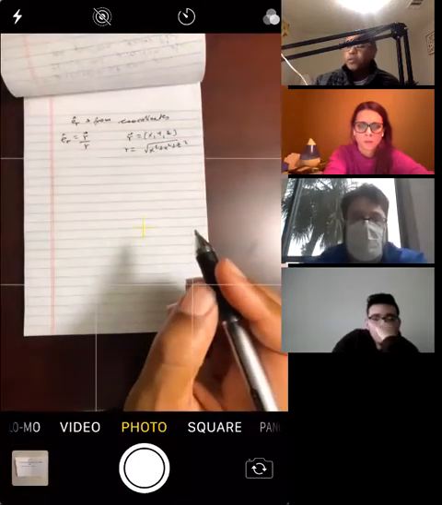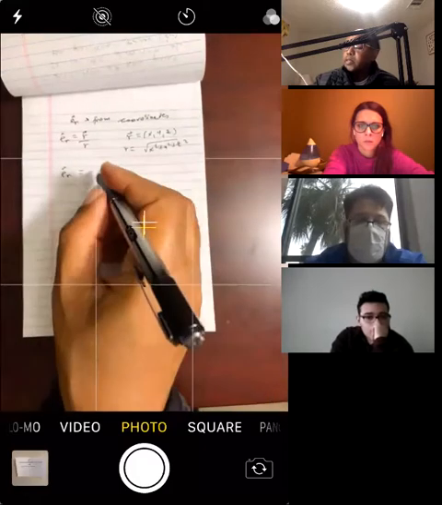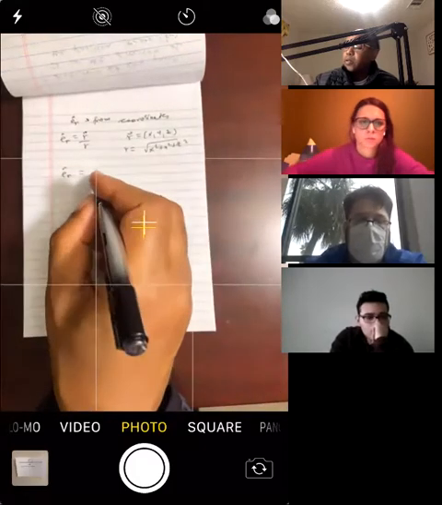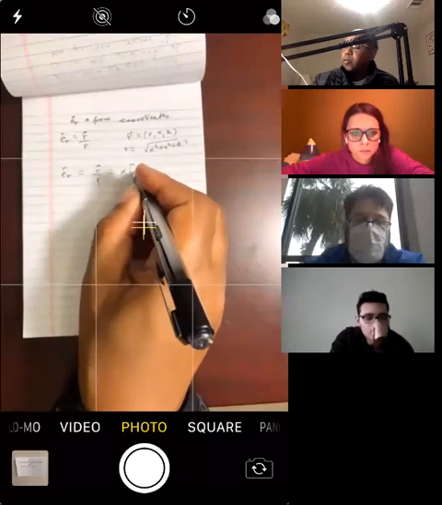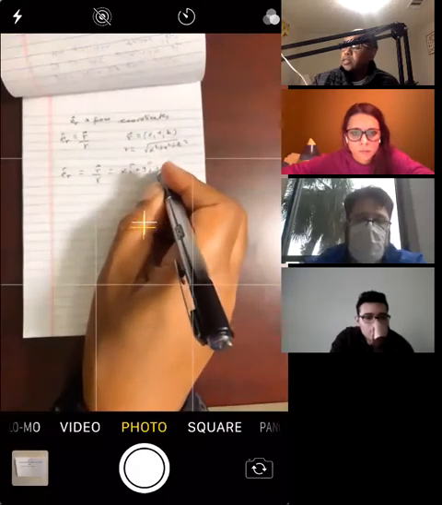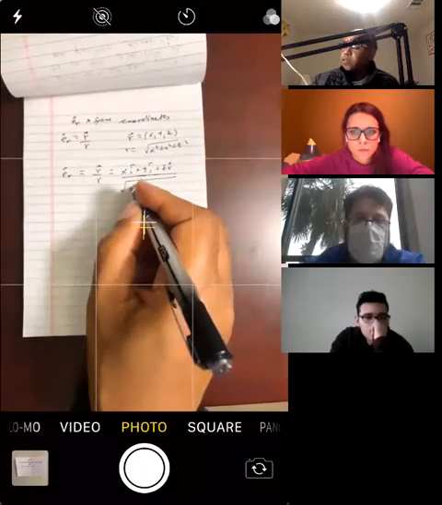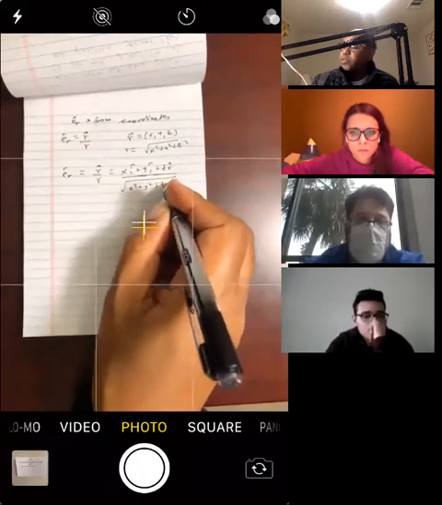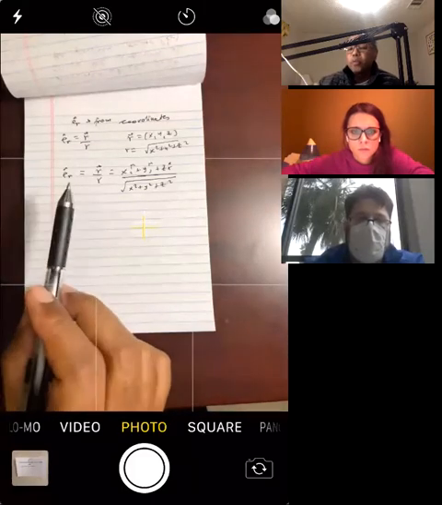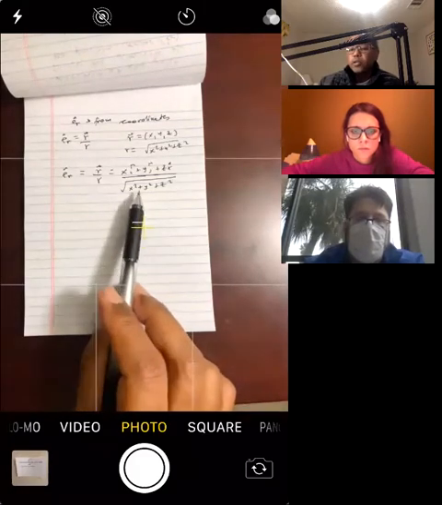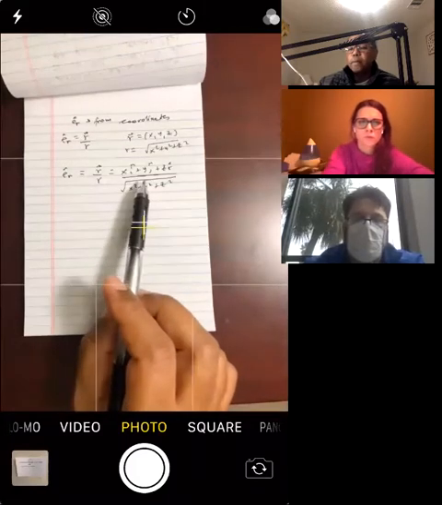So if you know the coordinates of the point, you can calculate this unit vector as the position vector divided by r: x i plus y j plus z k, divided by the square root of x squared plus y squared plus z squared. So if you're asked to find this direction at a certain point on the sphere, if you know the coordinates of the point, you can calculate the unit vector using this formula.